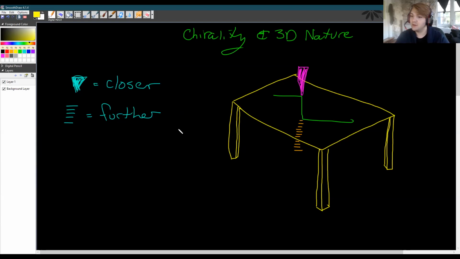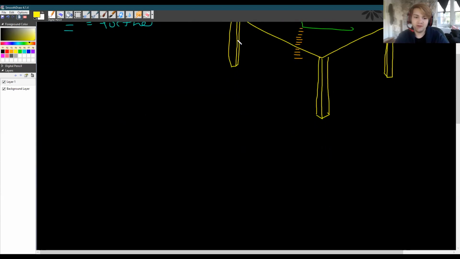All right. So what was developed was the Cahn-Ingold-Prelog system of describing 3D molecules.